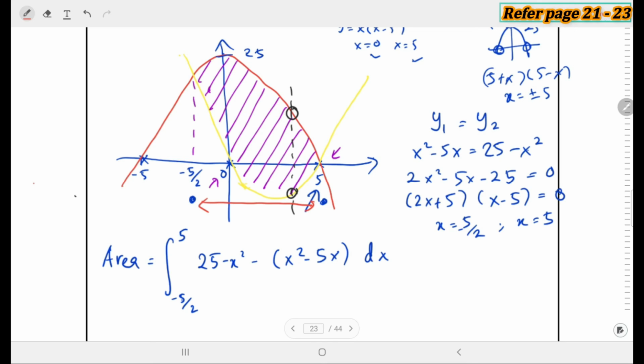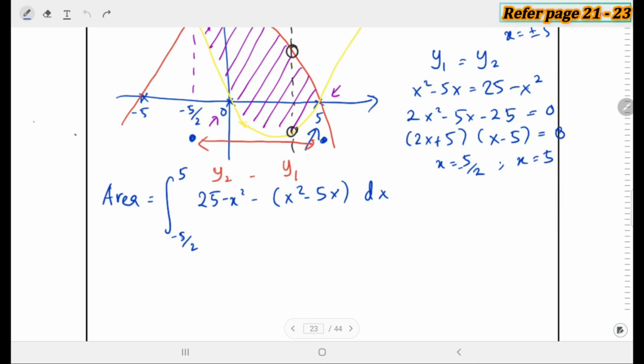There is no other curve, so straight away we can substitute into the formula of area between 2 curves, which is y2 minus y1. We simplify the function first before we integrate. We have 25 minus 2x squared plus 5x, all with respect to x.